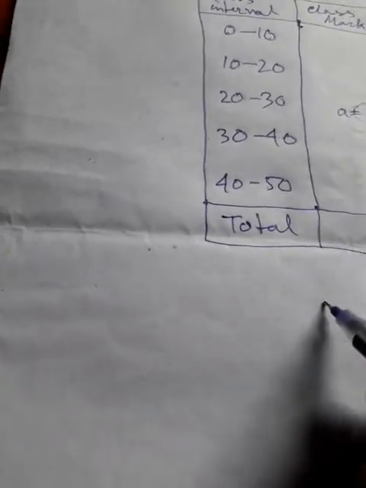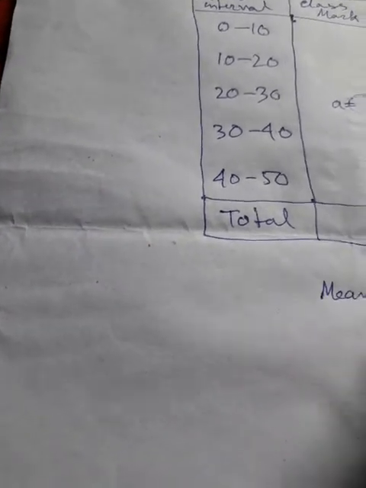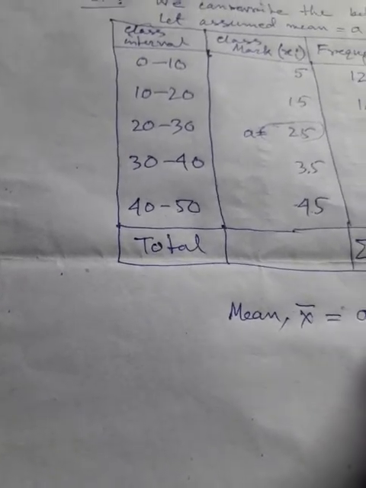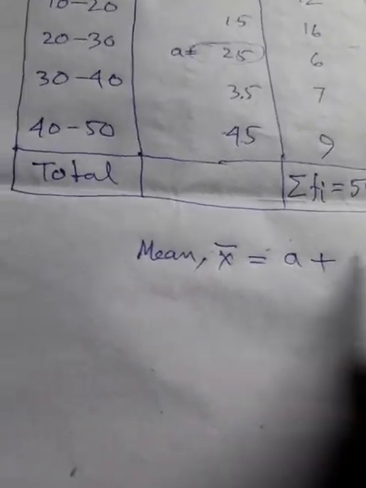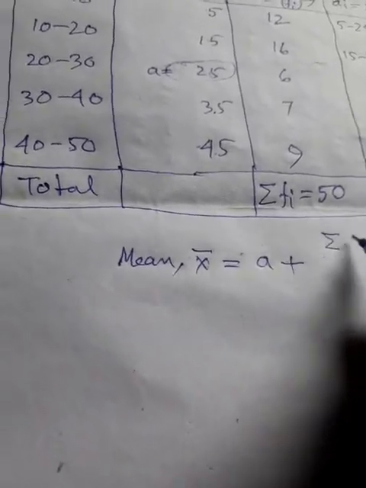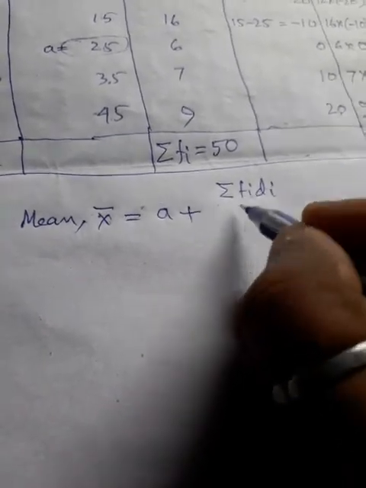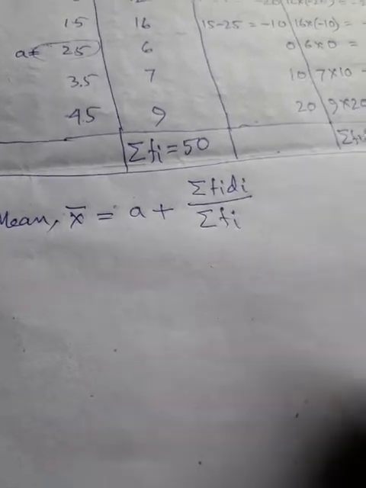Now apply the formula here. Mean x bar is equal to a plus summation of fi di divided by summation of fi.